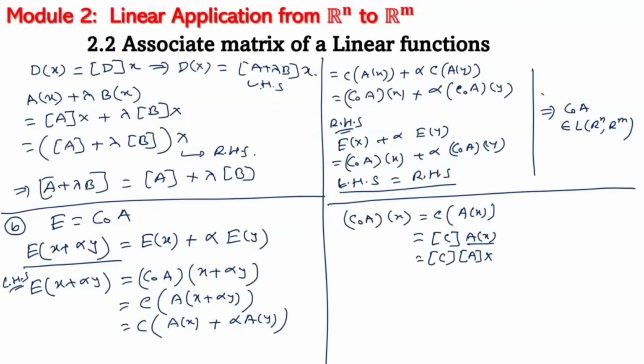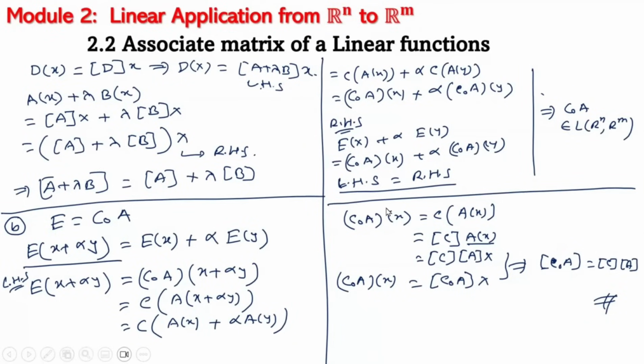So C composition A of X is equal to this. Now again, C composition A of X has matrix form written as the matrix of C composition A times X. Now comparing these two, you will get the matrix of C composition A is equal to matrix C multiplied by matrix A.